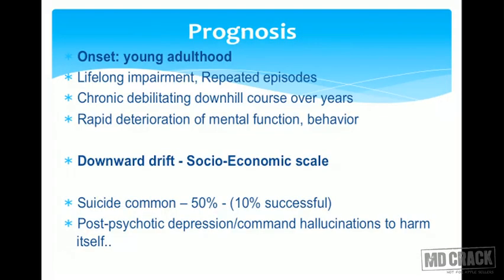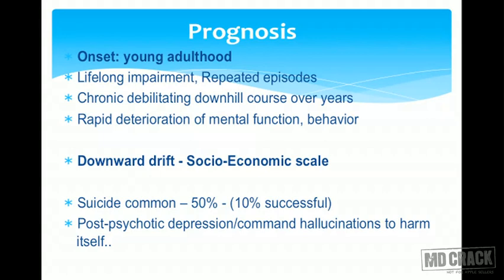Next we move on to prognosis. Onset of schizophrenia is usually in young adulthood. It leads to lifelong impairment and repeated episodes. There's a chronic debilitating downhill course over years, and a rapid deterioration of mental function and behavior. All this is a sad story. Slowly there is a downward drift across the socioeconomic scale because this patient cannot function properly, cannot have an occupation, cannot have a job.